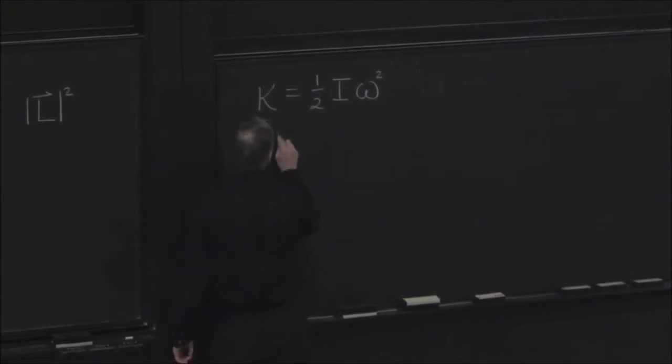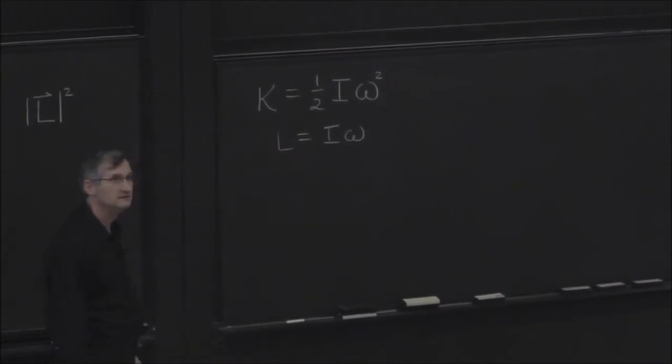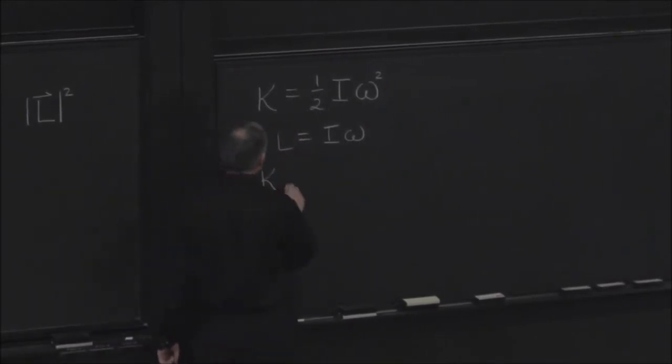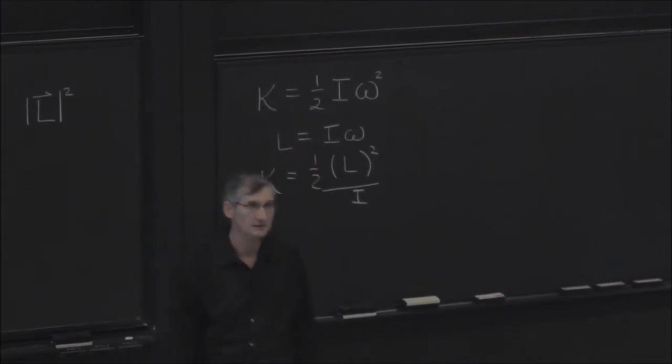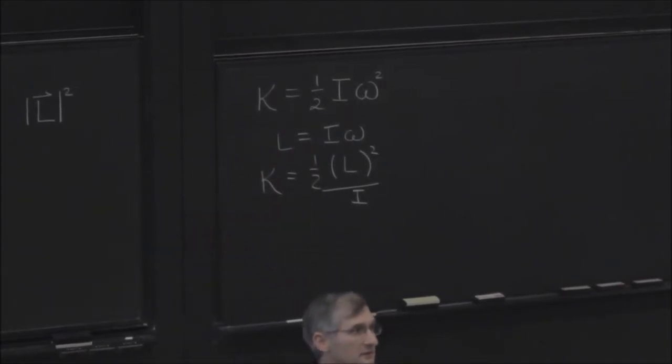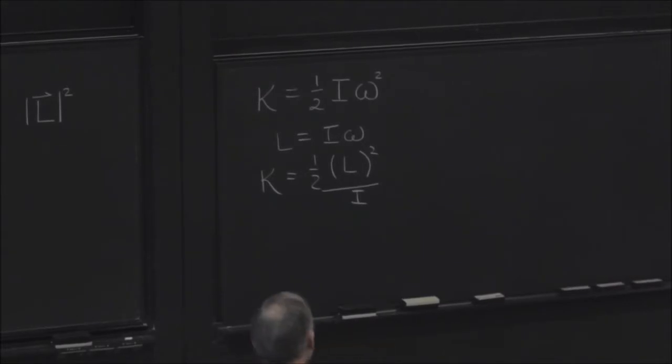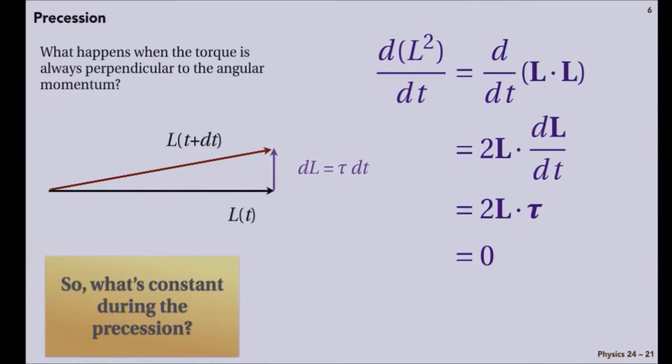So if I take L as I omega, then the kinetic energy would be like that. So this is a statement that if the torque is always perpendicular to the angular momentum vector, the magnitude of the angular momentum vector isn't changing, and the kinetic energy isn't changing.